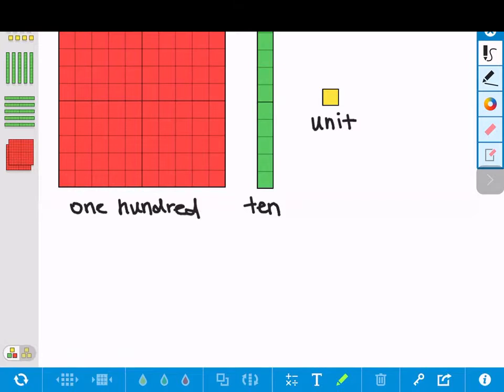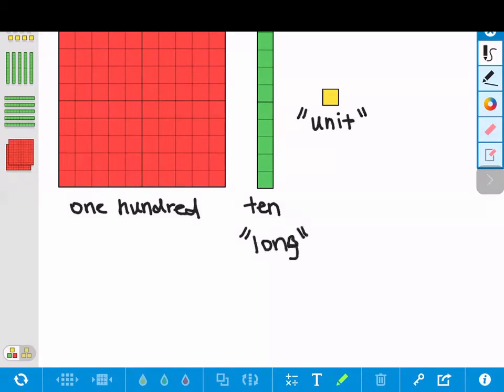So these have specific names. So the 1 is called the unit. So that's what we're going to call the 1. In every base, it's called the unit because it corresponds to 1. So the 10 is going to be what we call the long, right?